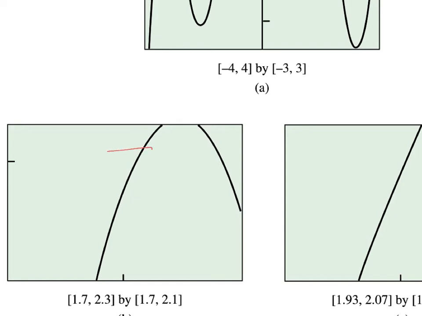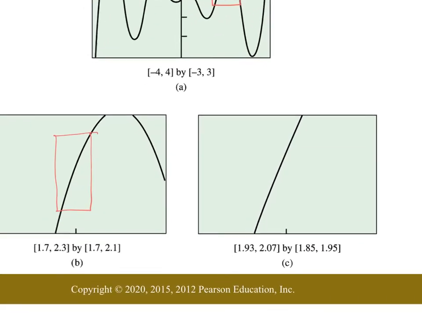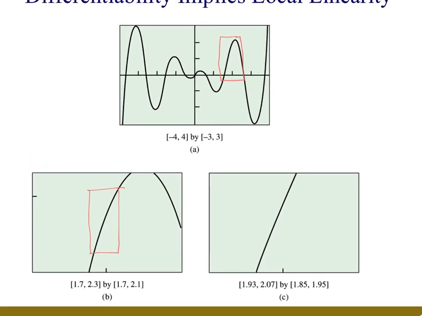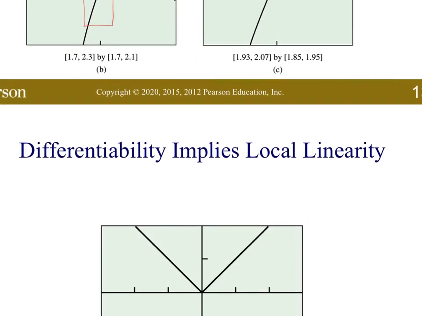And then I'm going to pick this section, and I'll zoom in on that, which gives me this. And it pretty much is starting to look like a straight line. The farther I zoom in, the straighter the line looks. If a function does that, it is considered differentiable. So again, that is experimenting with it, doesn't prove anything, but it helps you to think about that.